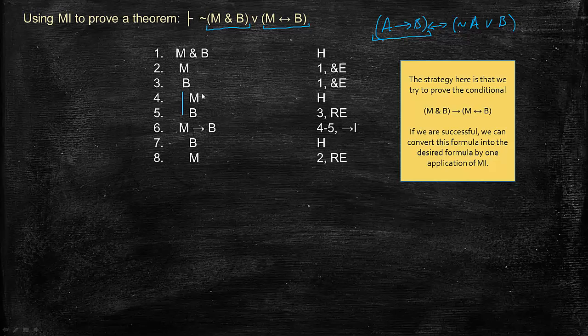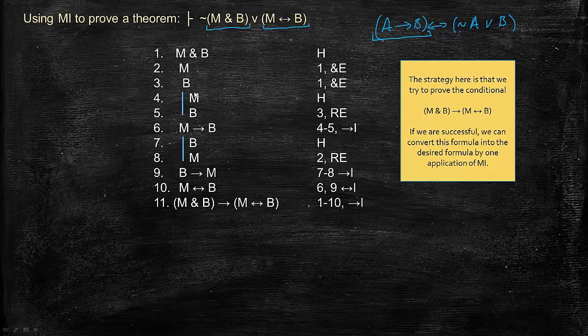So hypothesize B, reiterate M, and so we have if B then M, and so now we have our biconditional M if and only if B, and so now we can actually write our whole conditional M and B, then M if and only if B.